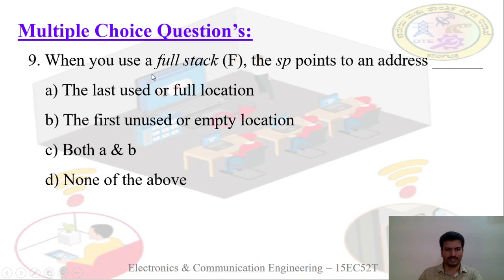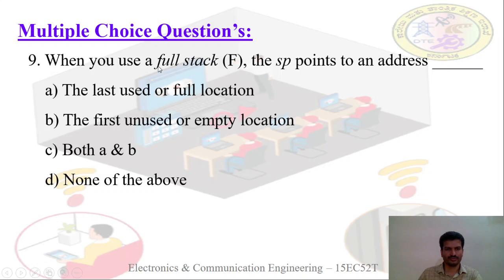When you use a full stack, the SP, the stack pointer, points to an address dash. A. The last used or full location. B. The first unused or empty location. C. Both A and B. D. None of the above.